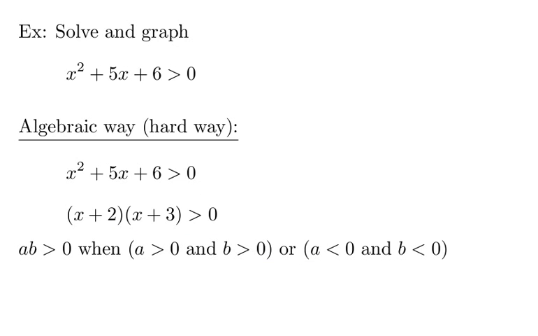So let's say that because we know that x plus 2 times x plus 3 is greater than 0, we can say that, let me copy it down, x plus 2 is greater than 0 and x plus 3 is greater than 0, just like what we have over here.